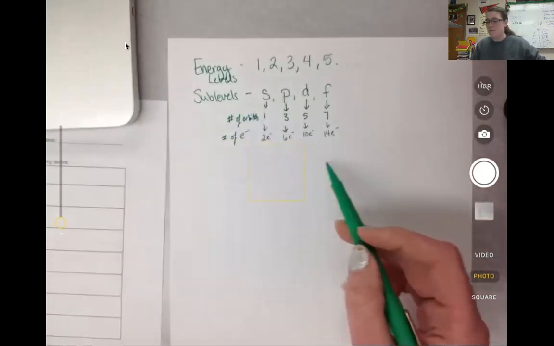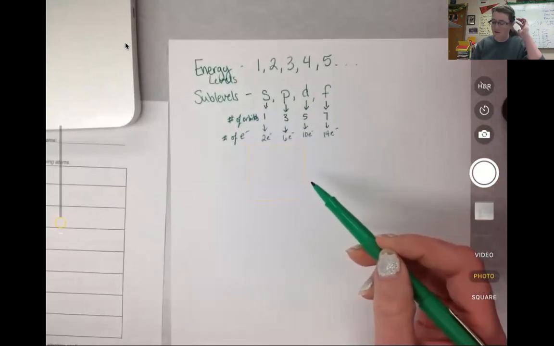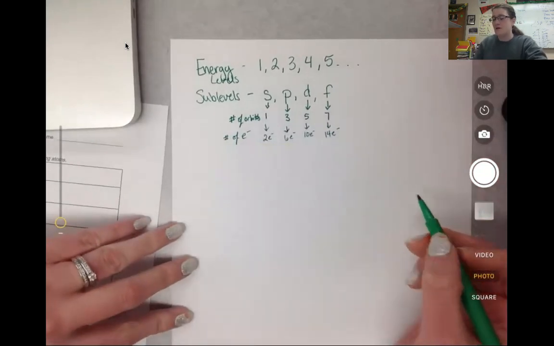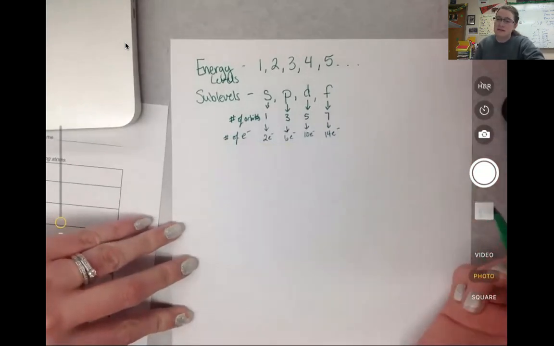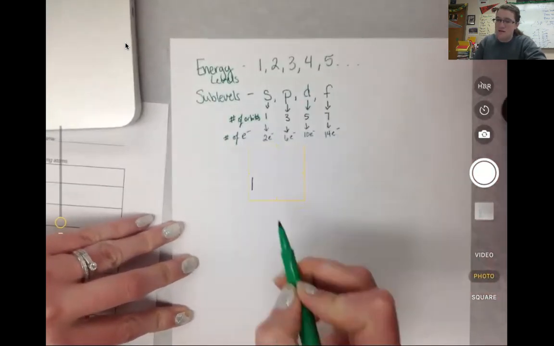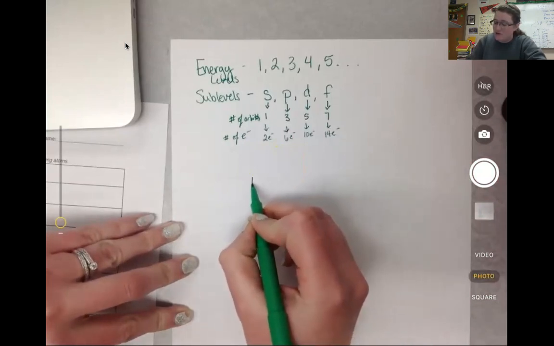We're going to build off of this, and we're going to learn how to write electron configurations. But one more thing before we do, we're going to write out what sublevels exist in each energy level. If I'm looking at energy level 1, remember I said that it only has an s orbital. So in energy level 1, we can have an s sublevel.